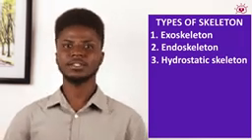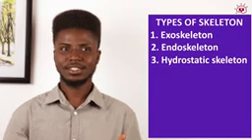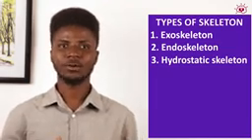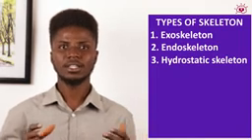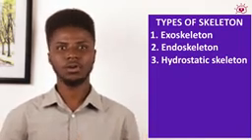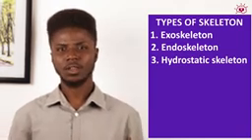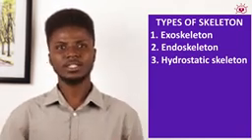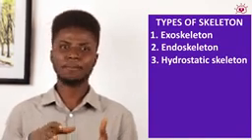Thirdly, we have the hydrostatic skeleton. A hydrostatic skeleton is basically a skeleton made of water or liquid. This is the kind of skeleton we find in the annelids, like our earthworm, and in tapeworms and roundworms. What happens in a hydrostatic skeleton is that the liquid is kept under high pressure.